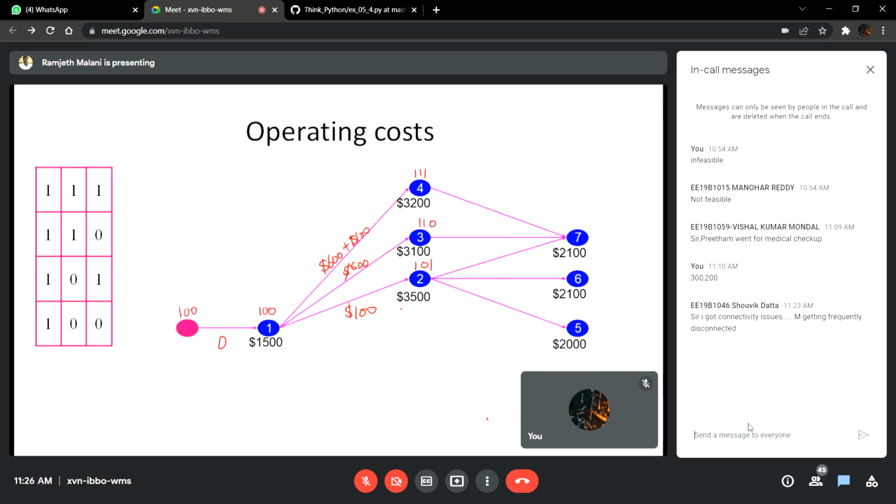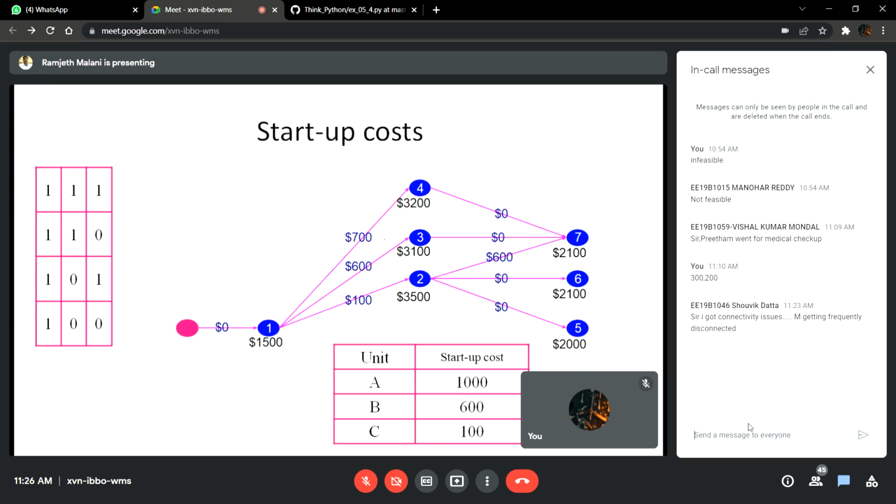So, to move from state 1 to state 2, we have a transition cost of 700. State 1 to 3, the transition cost is 600. 1 to 4, the transition cost is 700. Similarly, for every transition there will be a cost associated.